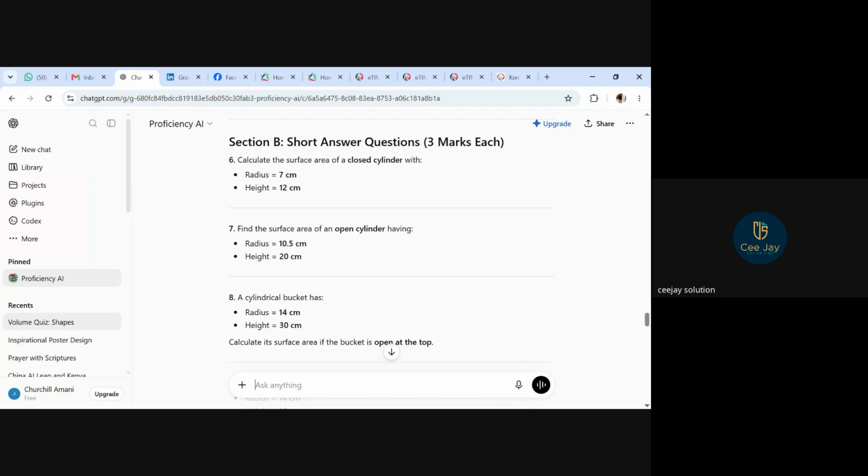So 22/7 times 7 times 7, tukicheza cheza tunapata 154 times 2 tutapata ni 308 centimeter squared. Hiyo sasa tumefind the area of the top and the bottom.